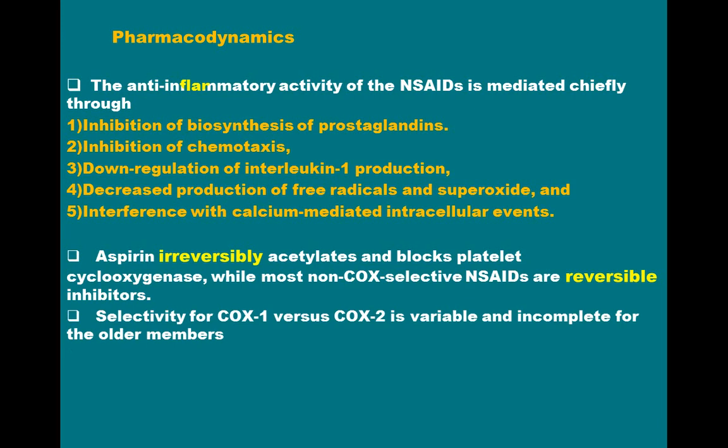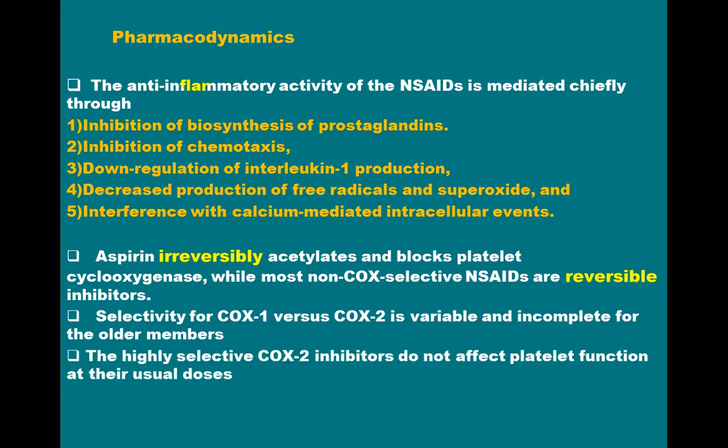Aspirin irreversibly blocks platelet cyclooxygenase, while most non-COX-selective nonsteroidal anti-inflammatories are reversible inhibitors. This is a criterion unique to aspirin. Selectivity for COX-1 versus COX-2 is variable and incomplete for older members, but in the newer members it is complete.